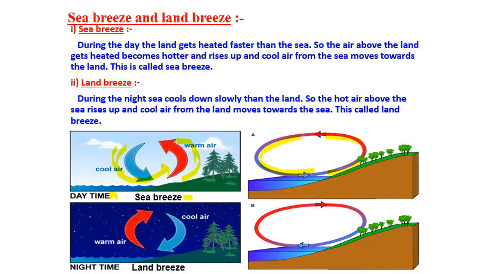In the night time it is exactly the reverse. The water cools down more slowly than the land, so the cool air from the land moves towards the sea, and the warm air from the sea moves towards the land. So this is called the land breeze.